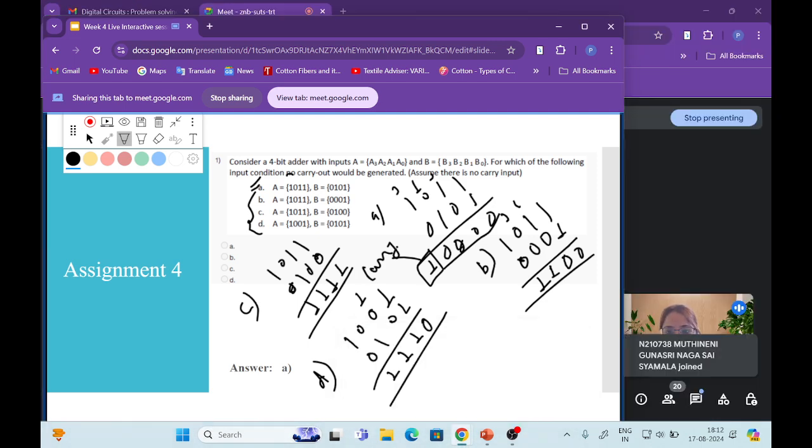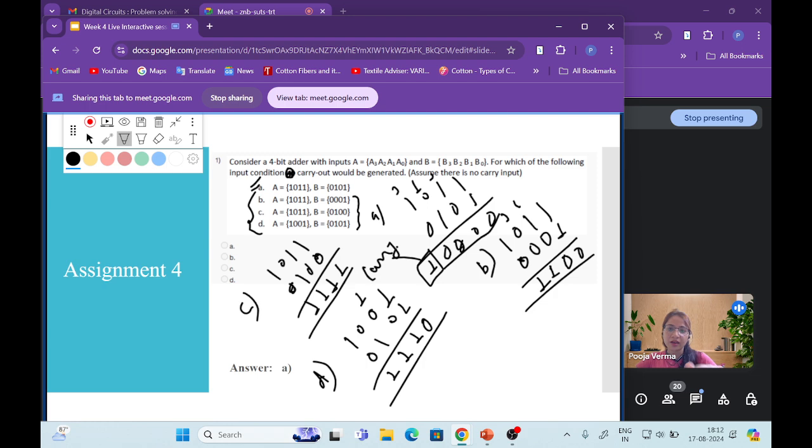But in the question the word 'no' should not be there. It should say, for which of the following input conditions will carry out be generated, because otherwise you would have to take B, C and D, where no carry out is generated.